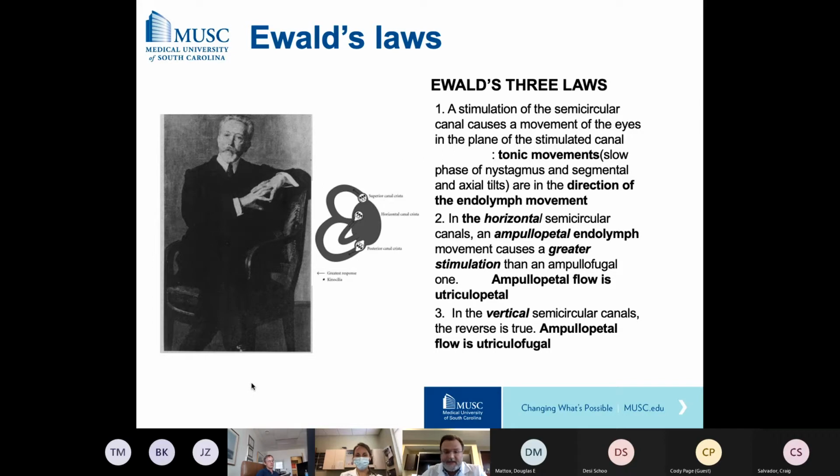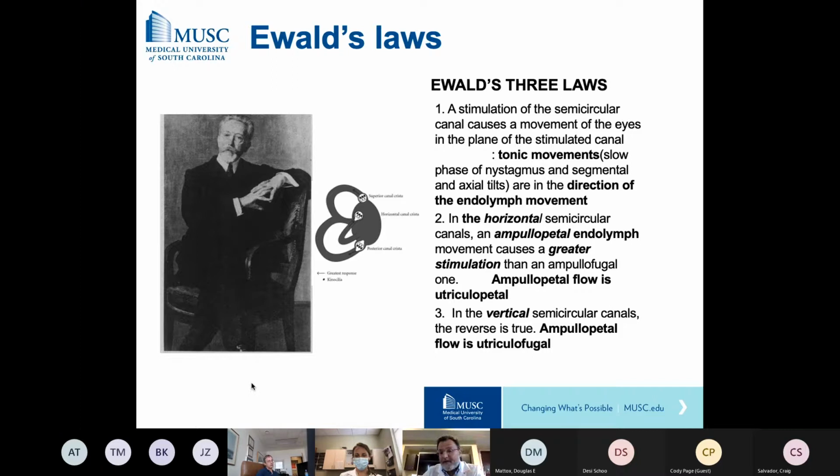He noticed that a stimulation of the semicircular canal causes a movement of the eyes in the plane of the stimulated canal. And by this, he means the tonic movements, the slow phase, not the quick phase. Because the reflex, the vestibular ocular reflex, is actually related to the slow phase. The quick phase is only a compensation movement of the eye that is coded by higher brain centers above the brainstem.